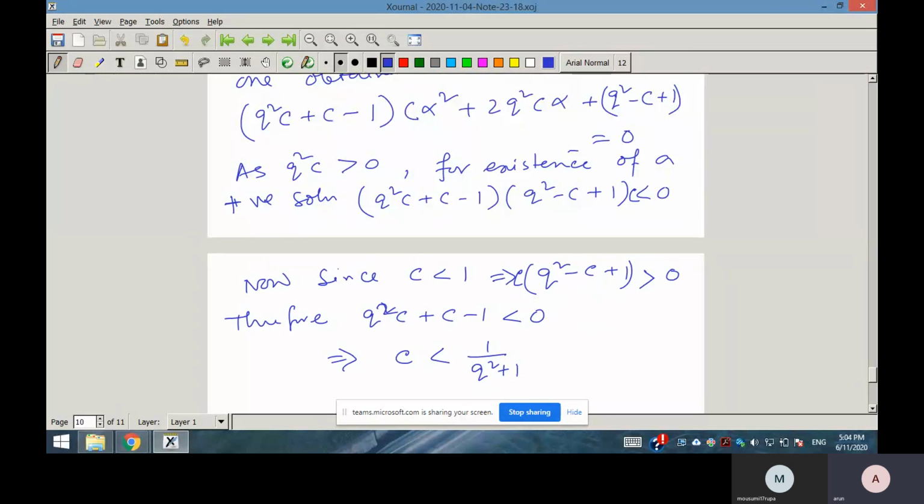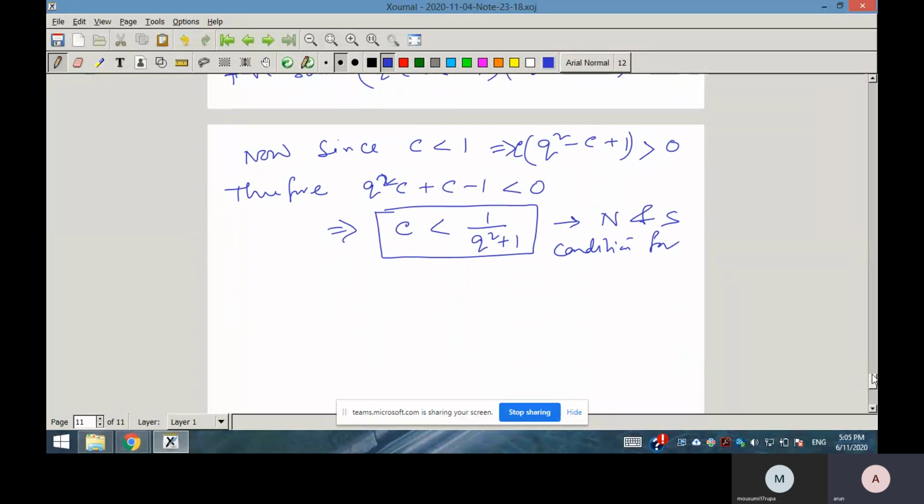The same way you can show it. So this is the necessary and sufficient condition for existence of the lag-lead controller, because once you get alpha, you can get beta, and then computing b and a is easy. So this is the necessary and sufficient condition for existence of the lag-lead controller.